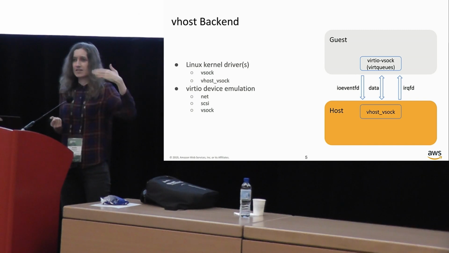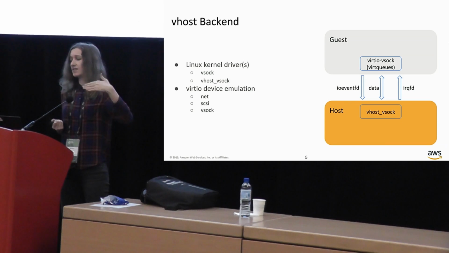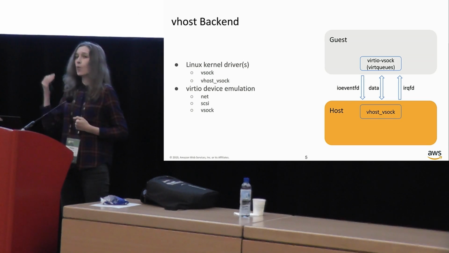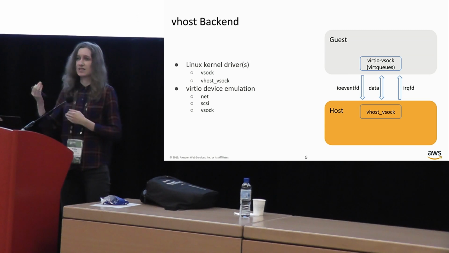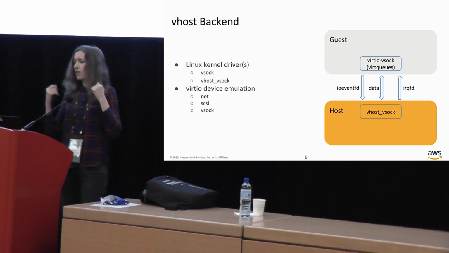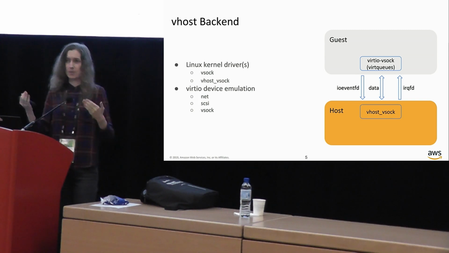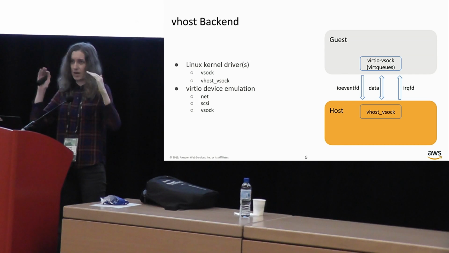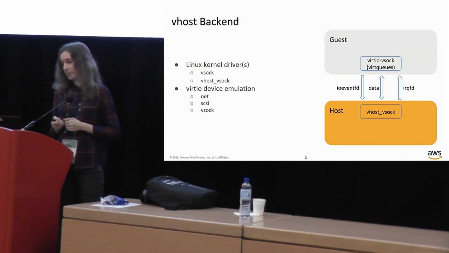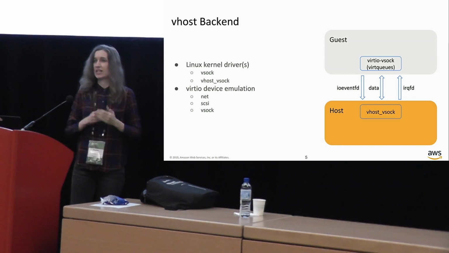When the guest has some data for the host, we'll signal using IO event FD. When the host has data to send to the guest, we'll signal using IRQFDs. And this all works after doing the setup of the device, and we can send data in this way. And we can keep the application using the same API, but we need support from the kernel drivers.